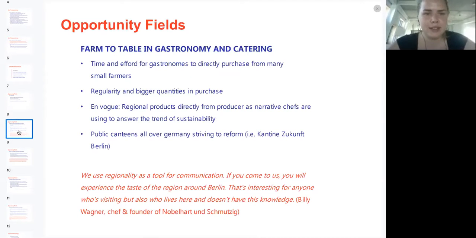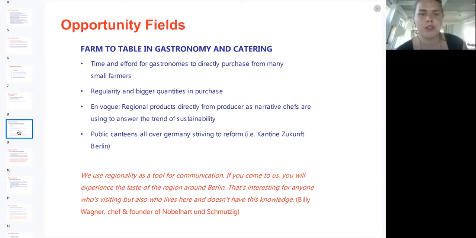Then a second opportunity field would be to connect not to the private customer, but to connect to gastronomy and catering. This is a good idea because, of course, this is a regular consumer for the farmer. The kind of problem that we're tackling now is that if a gastronome or a restaurant wants to buy from local producers, he has to handle many different farmers and many different ordering channels.